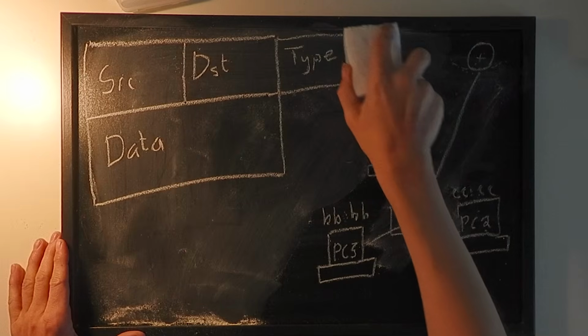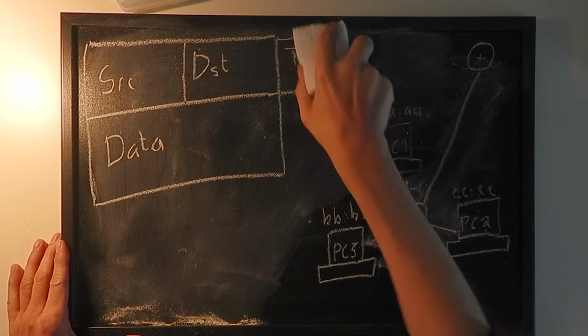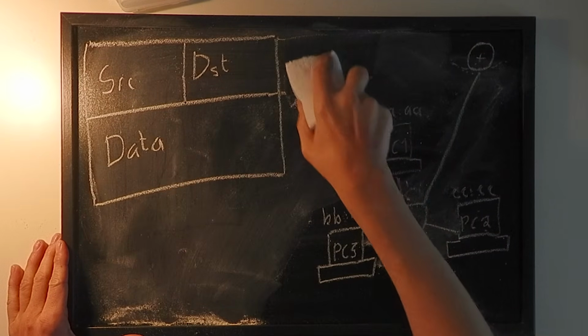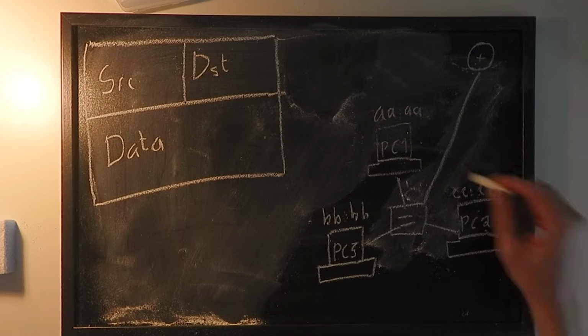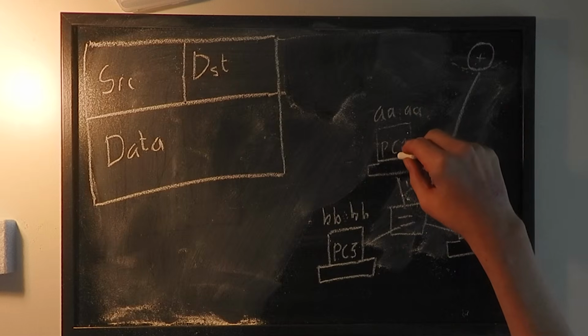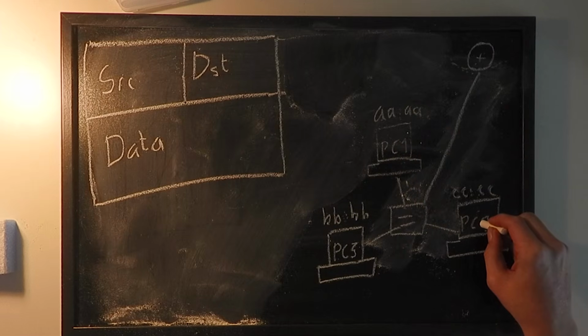So if we remove this type field and focus on the other parts of the Ethernet protocol, and now I'm talking about only Ethernet, no IP or anything else, let's say PC1 here wishes to communicate with PC2.